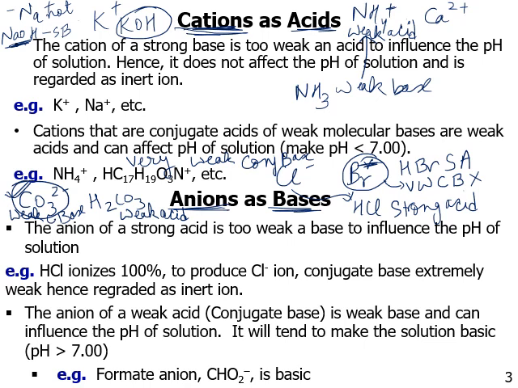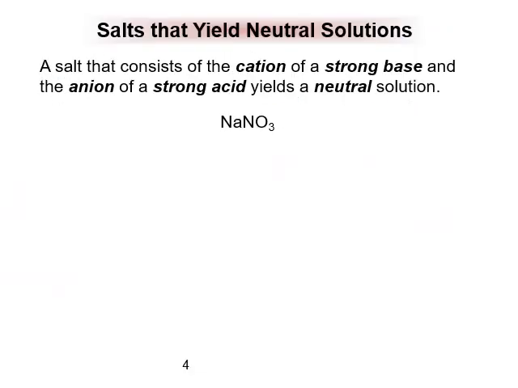Okay. So let's try a couple examples. For example, NaNO3. How can you tell what type of solution it is going to make? So you can see from the title, this is going to yield a neutral solution. Okay, now how will you identify that? What are the two ions that this will give? Sodium ion and nitrate ion. Where does sodium ion come from?